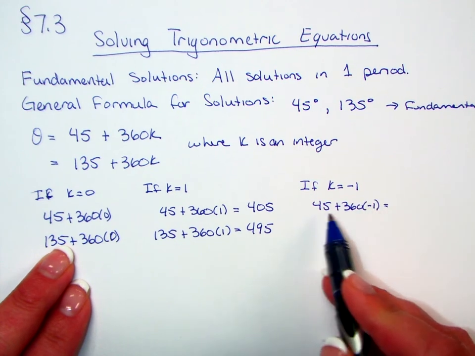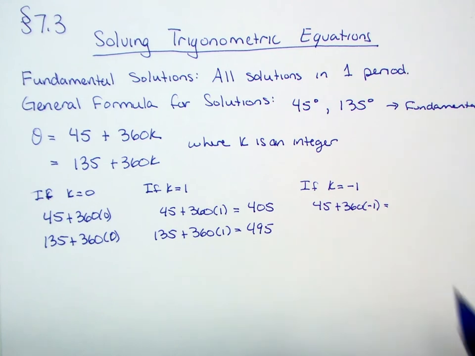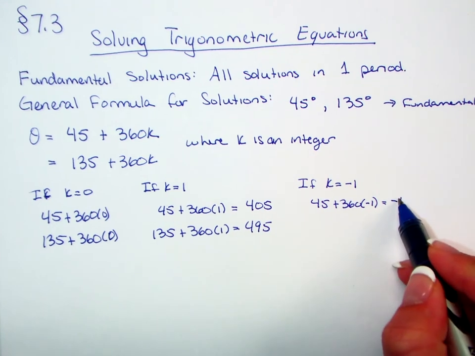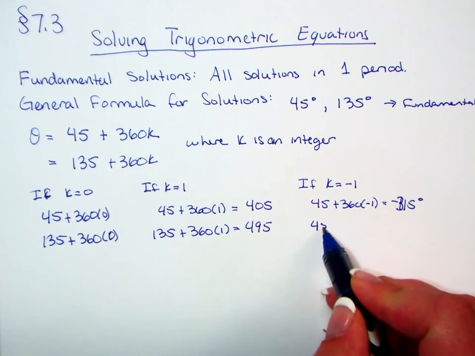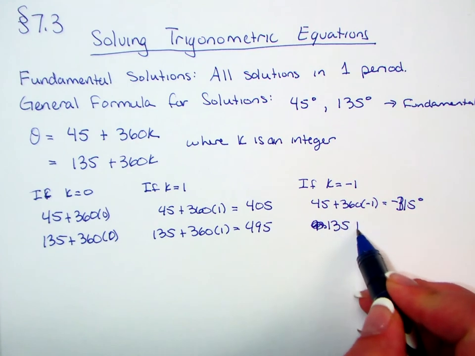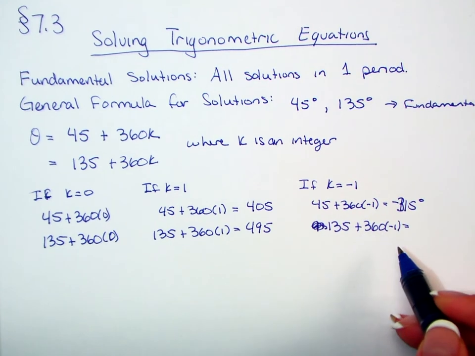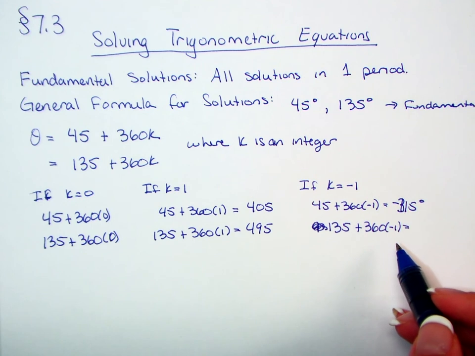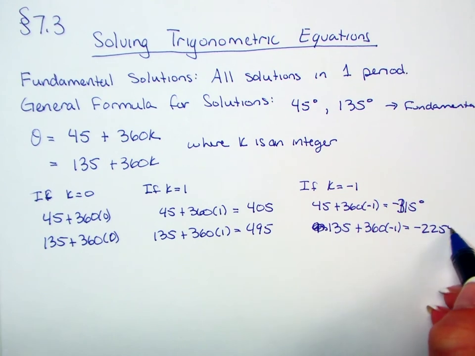So basically that's 45 minus 360, which is equal to negative 315 degrees, right? And let me go ahead and do the other one. 135 plus 360 times -1. So 135 minus 360 is minus 225 degrees.